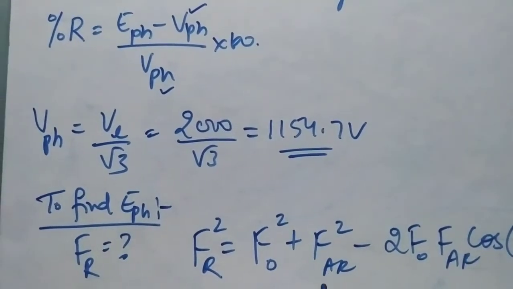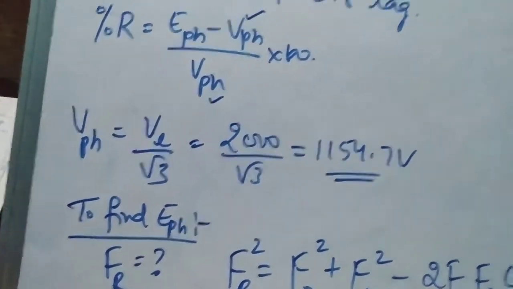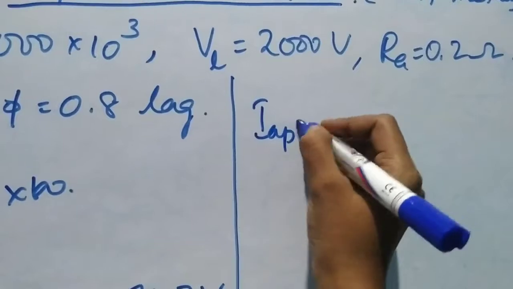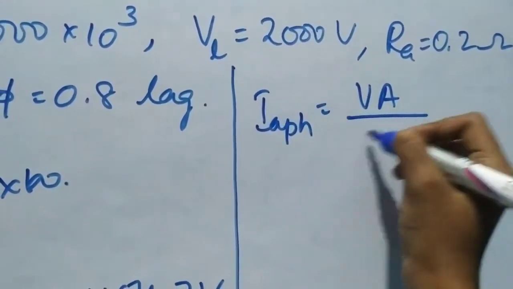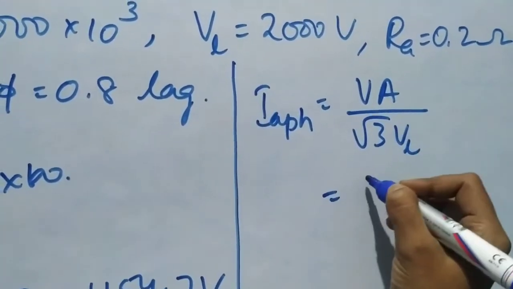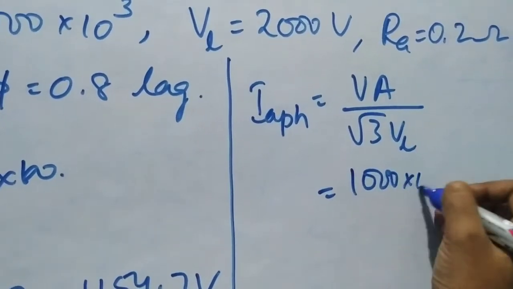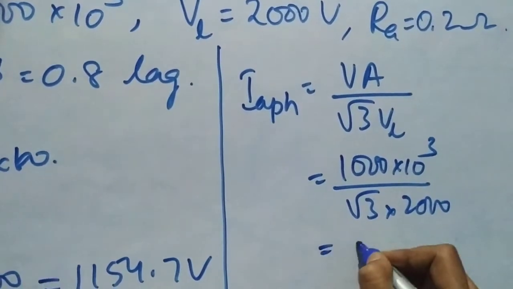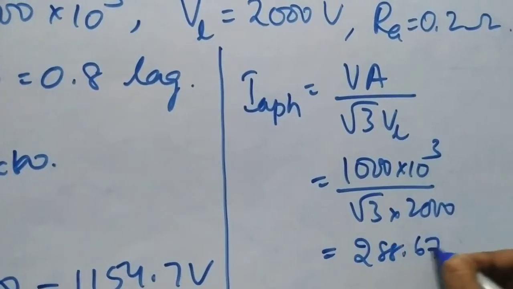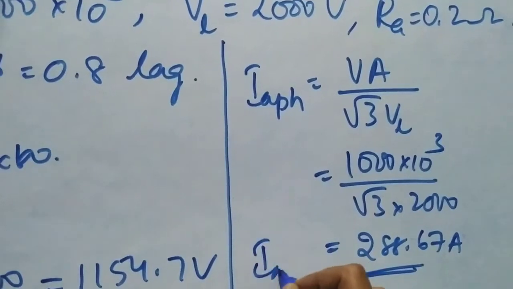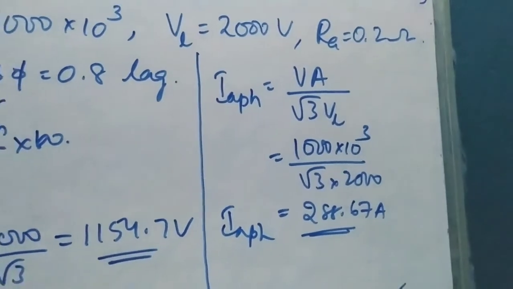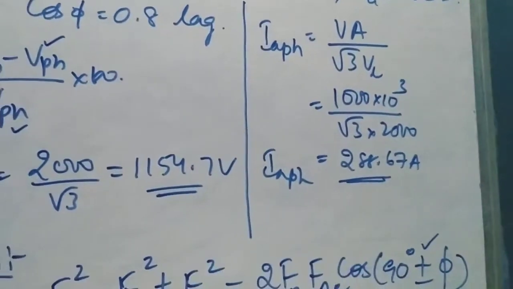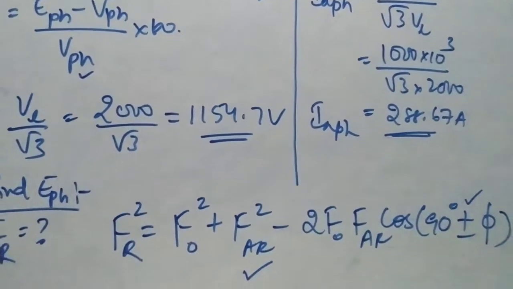So how to get that short circuit current, that is IA phase. IA phase value will be given by VA rating divided by root 3 into VL. So VA rating is 1000 into 10 power of 3 divided by root 3 into 2000. It leads to 288.67 ampere. So this IA phase value we have to intersect with the SCC curve and get the corresponding value of FAR.